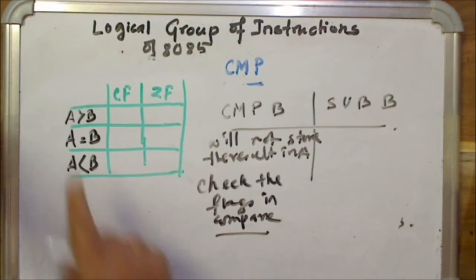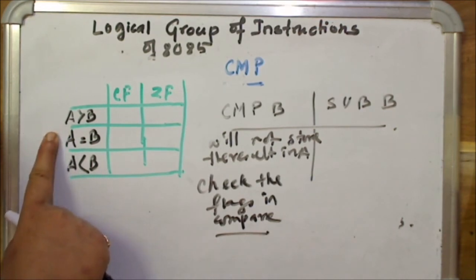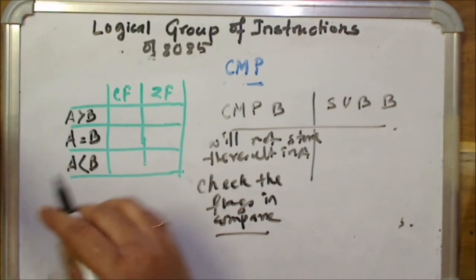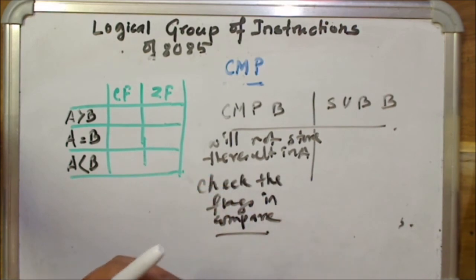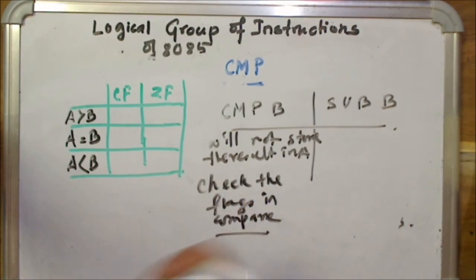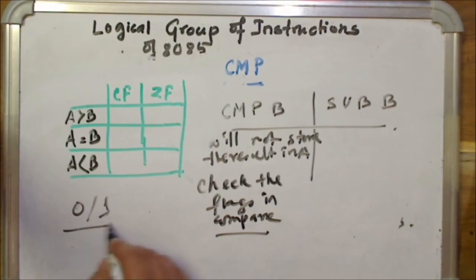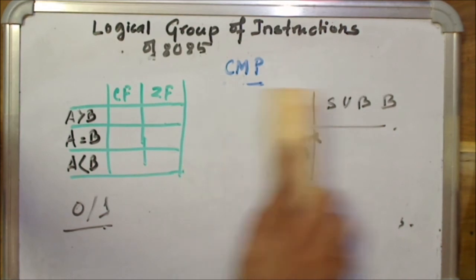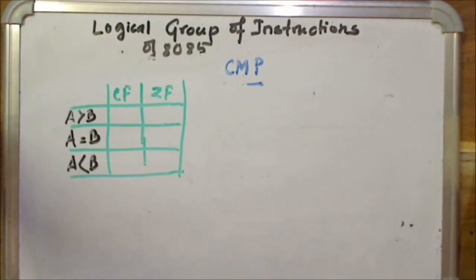There are three conclusions to be made: whether A is greater than B, or A is equal to B, or A is less than B. For three conclusions, one flag is not enough, because one flag will give you two conclusions, either 0 or 1. So for three conclusions, you need two flags to be checked.